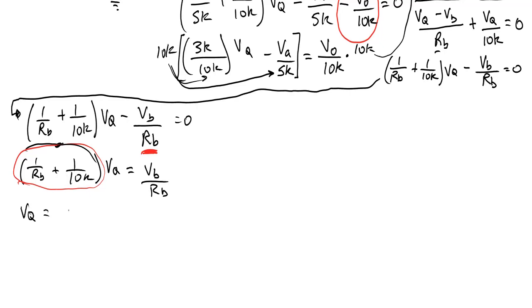So that's going to end up being VB over RB times 1 over RB. Oops.